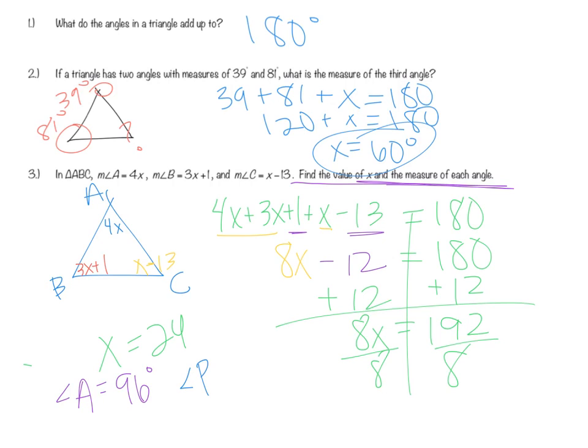The measure of angle B is 3x plus 1. So 3 times 24 plus 1 is 73 degrees. And the last one is the measure of angle C. So x minus 13, 24 minus 13 is 11 degrees. So there's your overall answer.